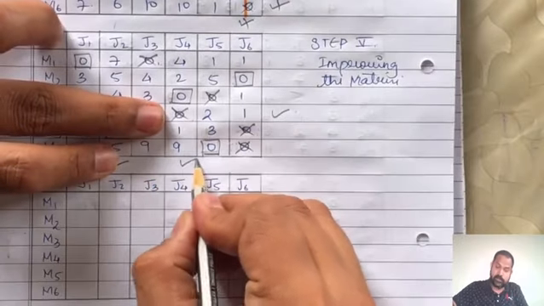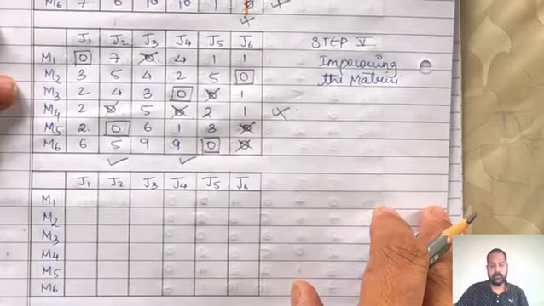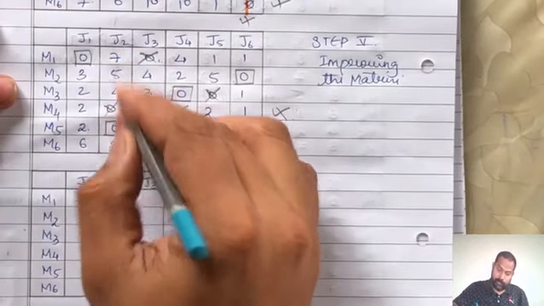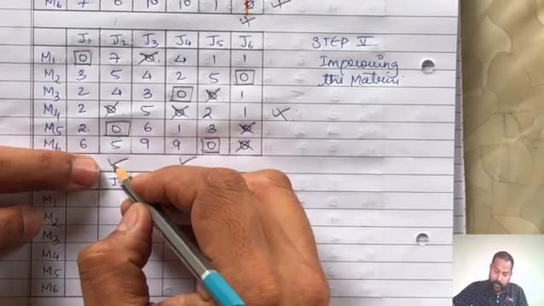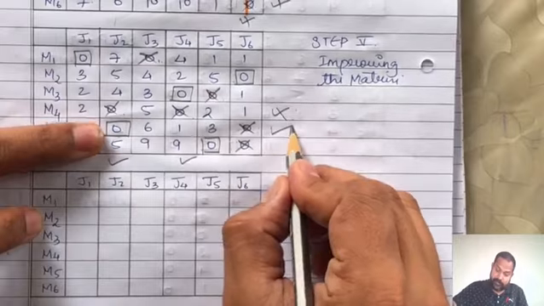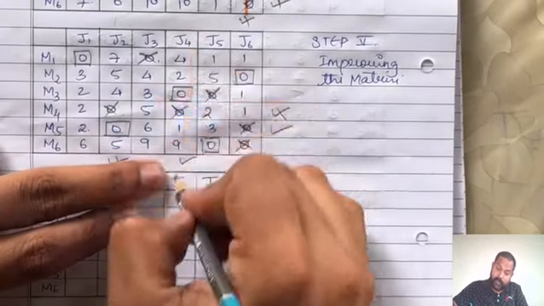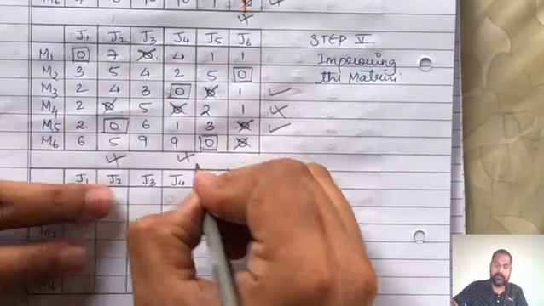And here there is a zero, so I will mark this column. Cancel it out. In the marked column, mark a row that has an assignment. This is the row that has an assignment.